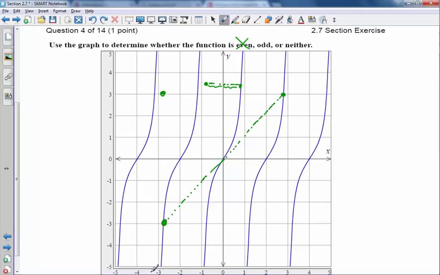I tested one point and it's on it, but I'm not convinced. I'm going to test another one. Let's pick another one. How about this? 1, 2, almost 2 and a half, okay. And I'm going to go 1, 2, and a little bit more, and yeah. I took a second point and it's on it.